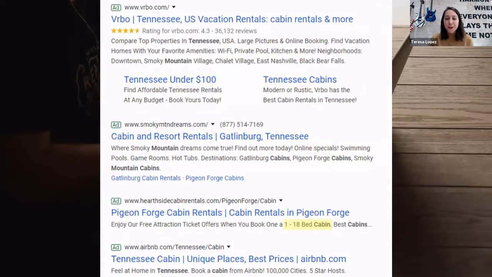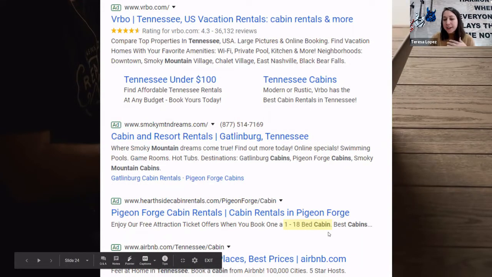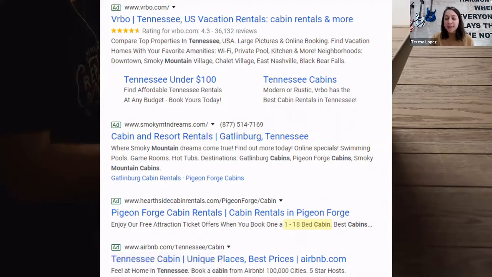And then if we look at paid search ads, you can see one lonely highlight down here, and it's really an incidental mention of the different sizes of cabins, because it's talking about enjoying a free attraction ticket when you book a certain size.